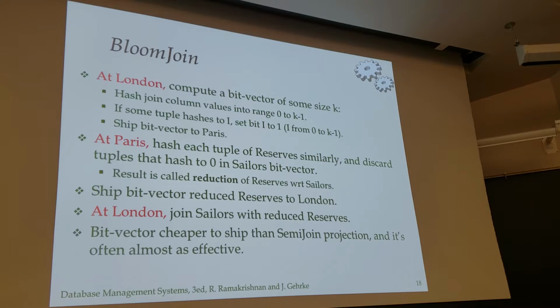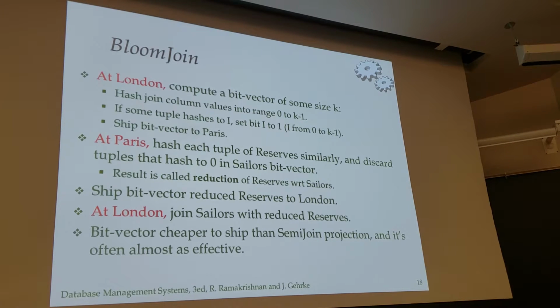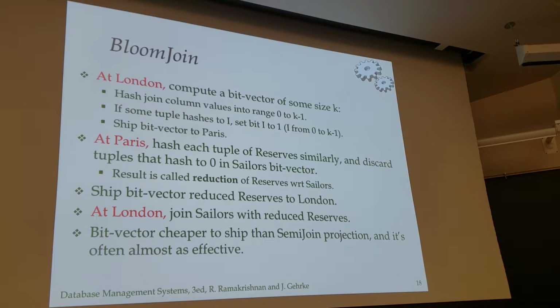The idea of the Bloom join is what you do is you figure out things where you compute a signature, a hash value corresponding to the SIDs that you care about. So you only care about the SIDs where the rating is greater than 5. And there might be 12,000 sailors whose rating is greater than 5.